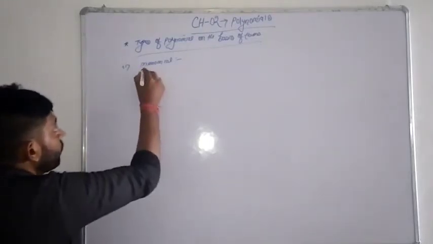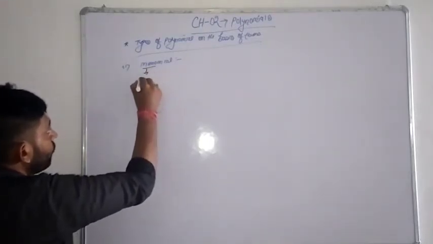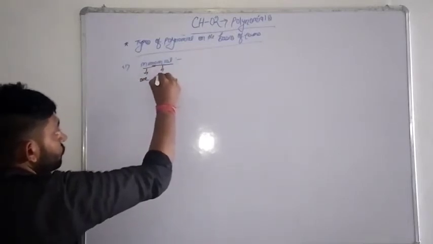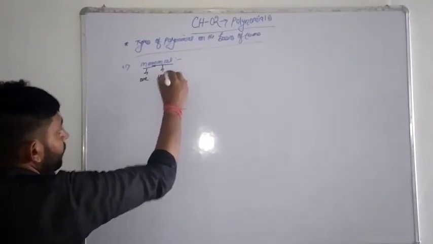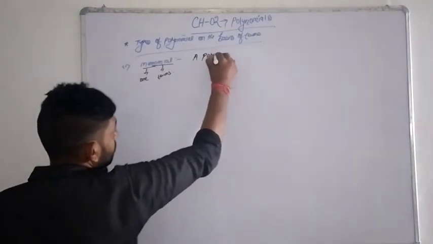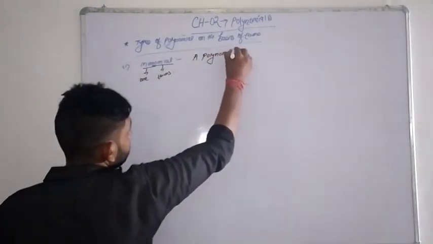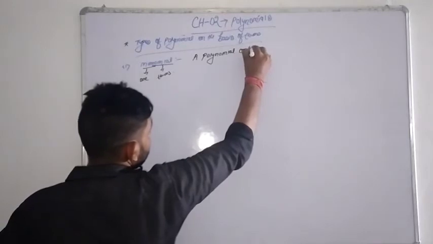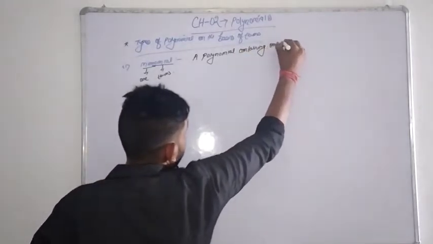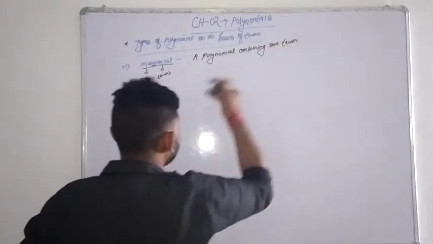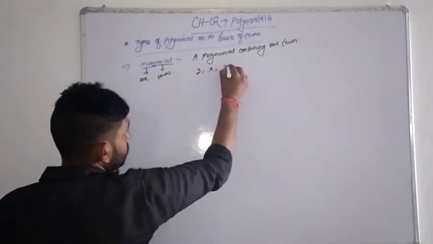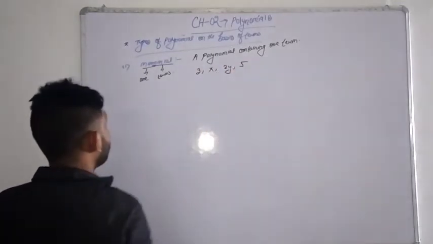Here, mono means 1, and nomial means term. That means a polynomial containing one term. For example, 3x, 2y, 5.